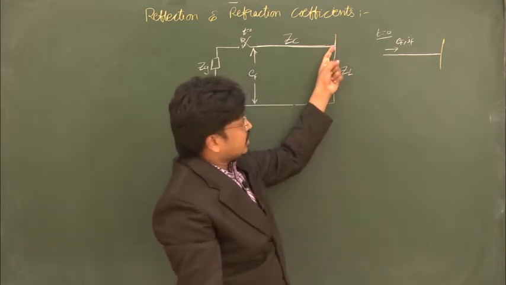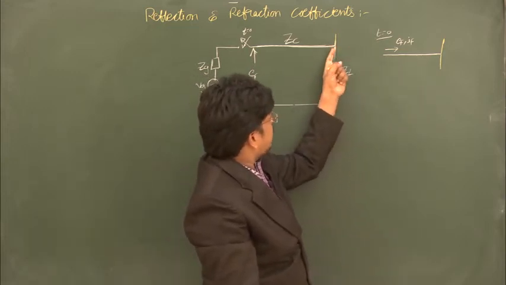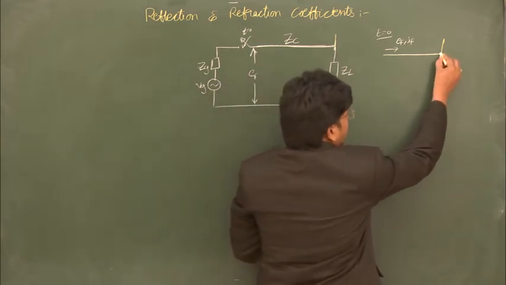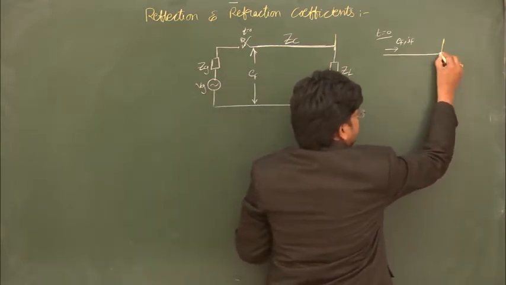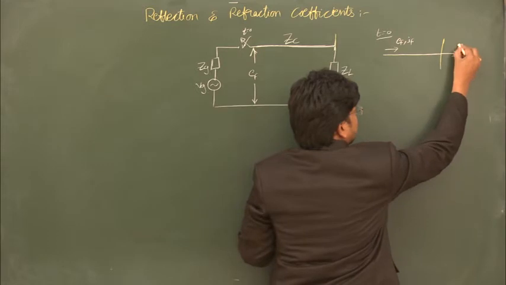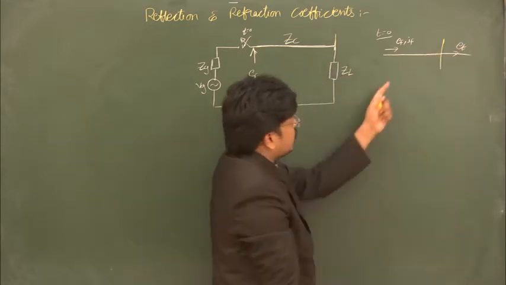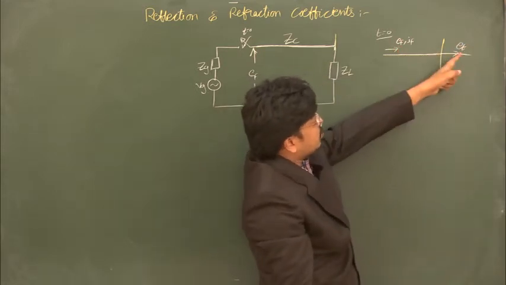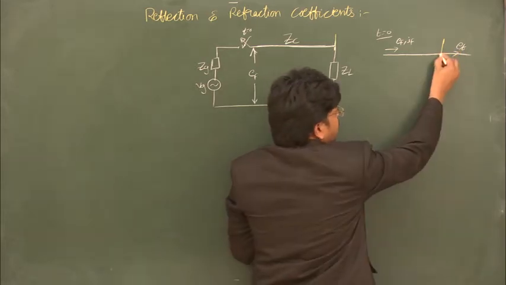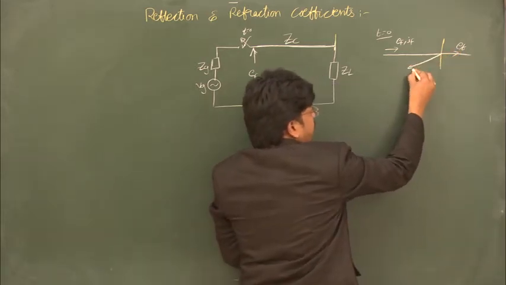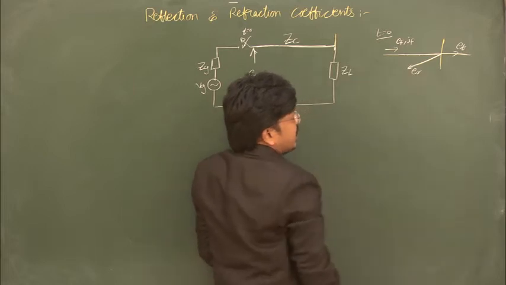But at this junction, that is the end of the transmission line, some of the voltage EF will be transmitted, and we take this voltage as ET. Out of the EF voltage, some will be transmitted and the remaining voltage will be reflected at this junction. This reflected voltage will be assumed as ER.